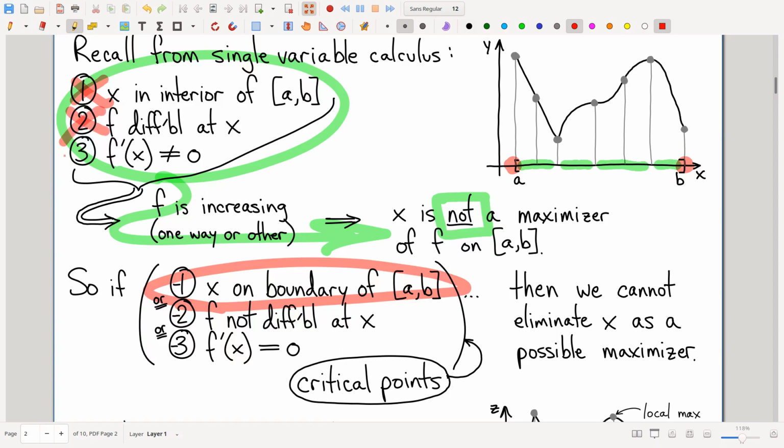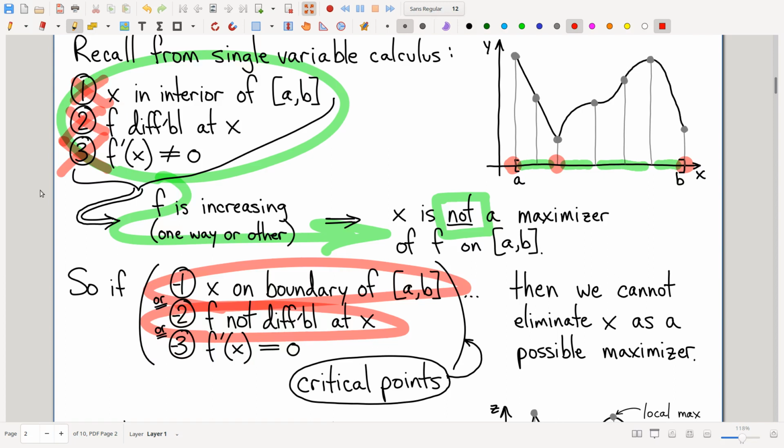Likewise, a function could fail to be differentiable at some point, such as here. Right, this point right there, the function's got a little corner. I can't use a derivative argument to draw conclusions about this point because there is no derivative. The value of the derivative, if it were differentiable, could fail to be not 0.